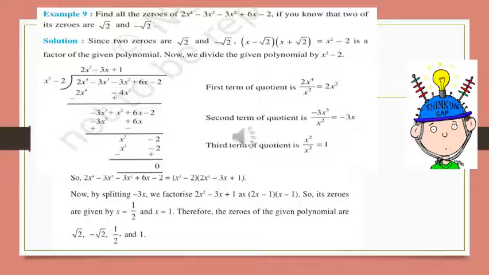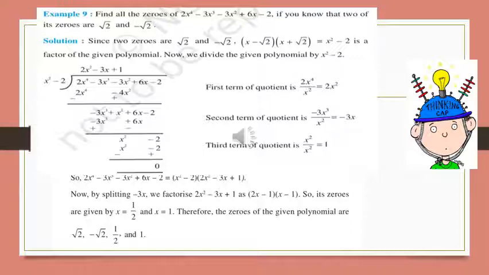So that factor we use here: root 2 means x minus root 2 and minus root 2 means x plus root 2. Both in multiplication form are a factor. Now we use the identity a plus b into a minus b, which gives the answer x square minus 2. Each bracket is a factor, so the multiplication is also a factor, and therefore x square minus 2 is a factor of the given polynomial.